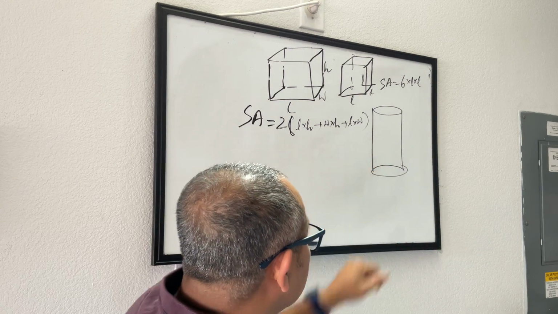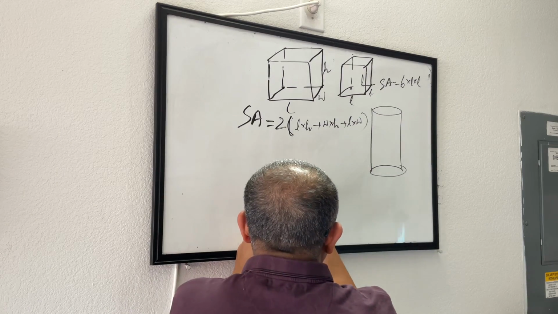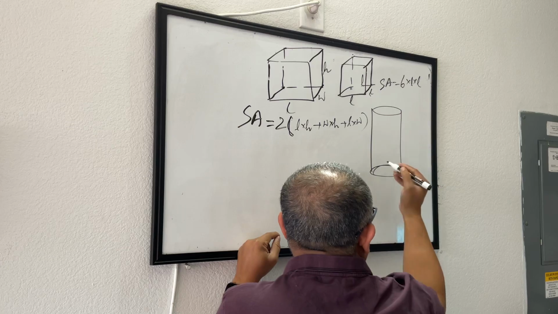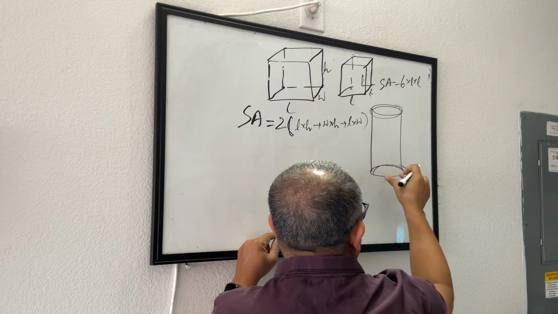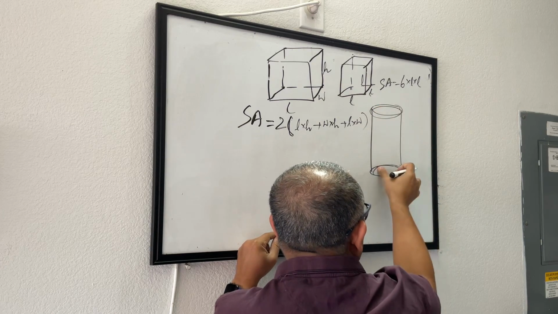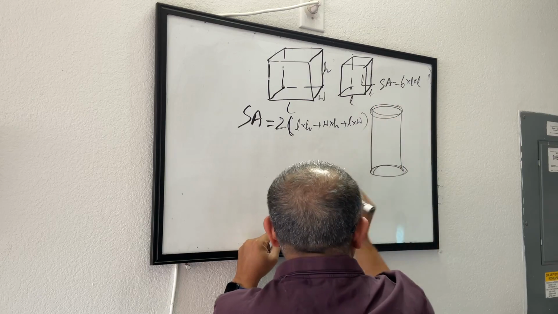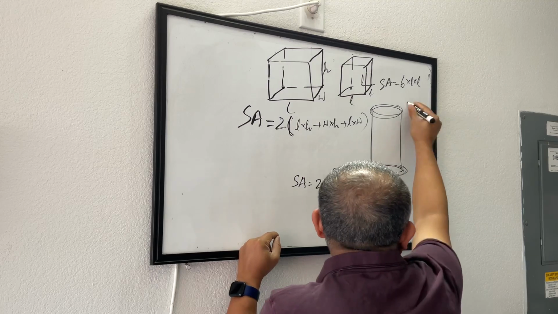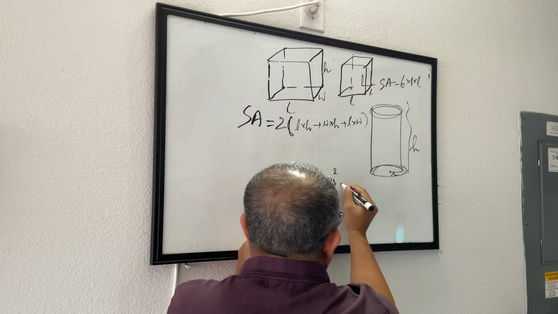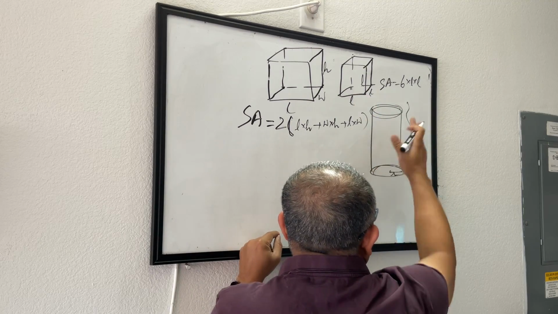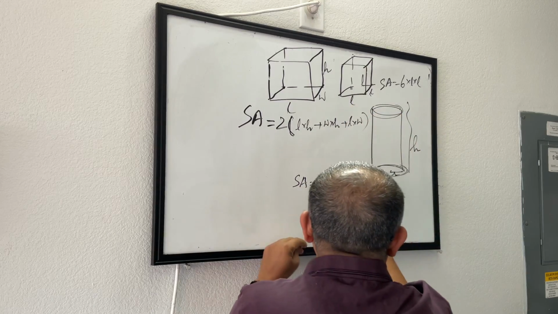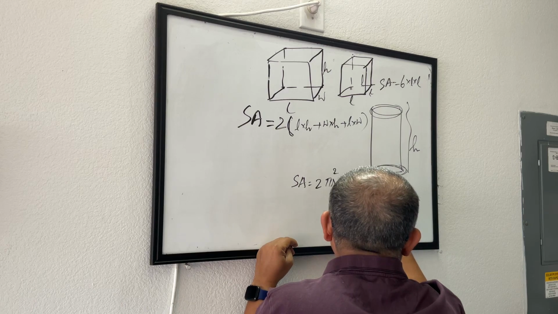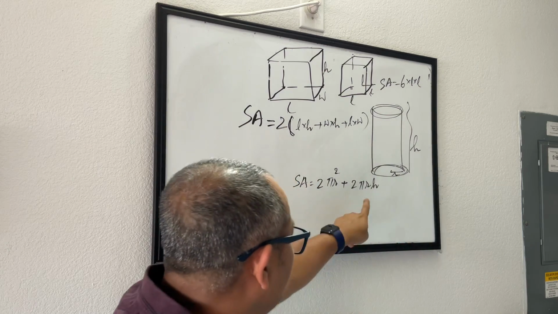When you're looking at a right cylinder, I'm not going to derive this right now, but what we saw was, surface area of a right cylinder is essentially two circles, the area at the top and the bottom. So 2 times pi r square, where the radius is r and the height is h. And then the area of the curved surface is 2 pi r h. And now you will ask why h?